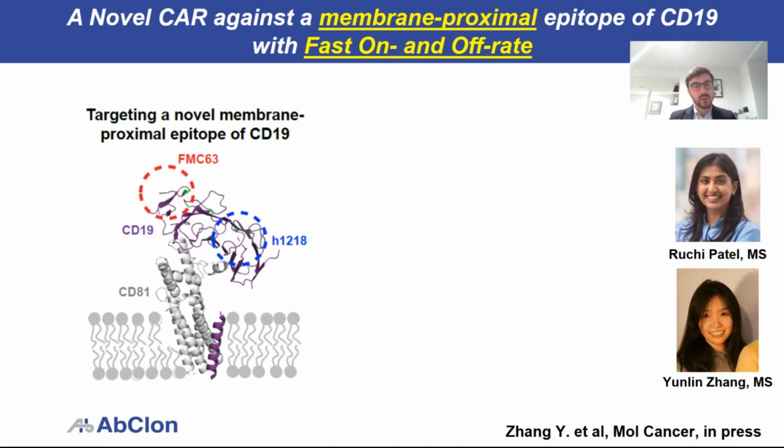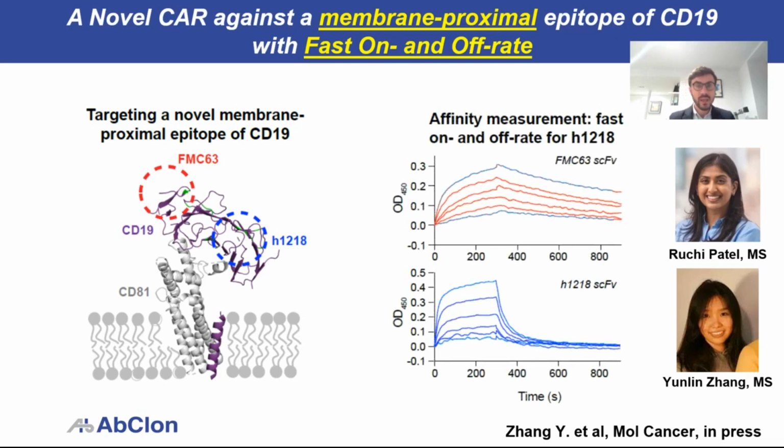So Abclon developed an antibody based on a chicken library that would recognize a different epitope of CD19. Interestingly, an epitope that is closer to the membrane as compared to FMC63. And the second characteristic, in addition to the epitope, was the fact that the new construct that we call 1218 is a construct that binds quickly to the target and detaches quickly.